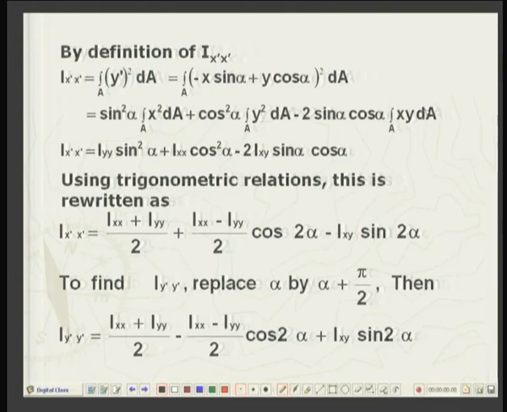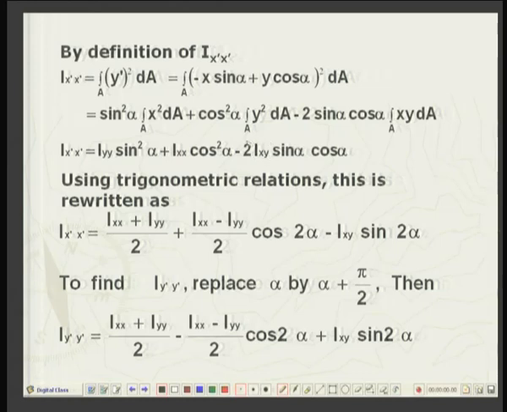Well, these integrals yield the well known quantities. The area integral of x square dA gives me Iyy in the old coordinate system. So, Iyy sine square alpha is the first term. Similarly, the area integral of y square dA gives me Ixx, therefore Ixx cosine square alpha, minus 2 Ixy sine alpha cosine alpha, where the last term gives the product of area in the old coordinate system.